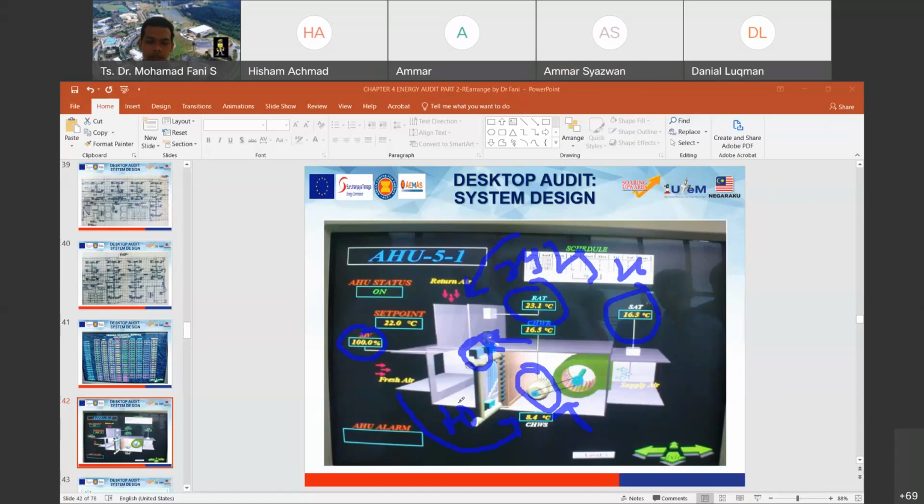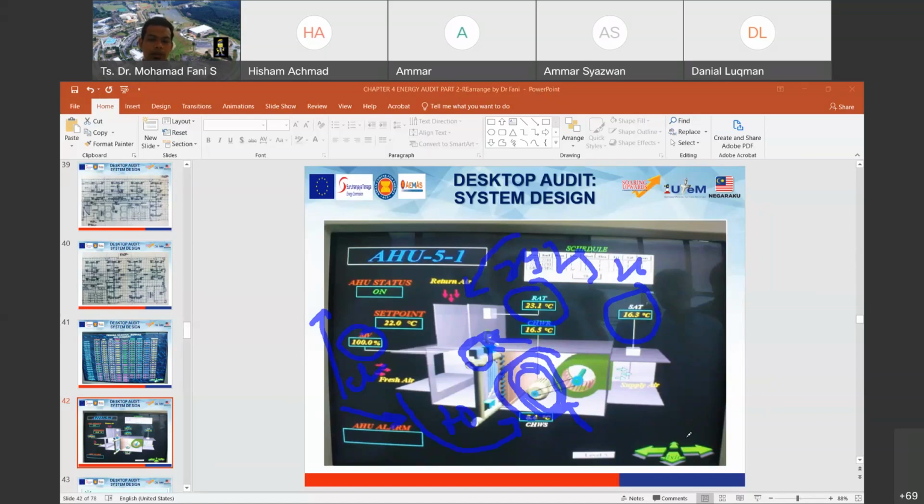It will draw the motor to maximum operation, and the chiller will supply more volume of chill water to the AHU, and it will increase the consumption of electricity. Okay, that's it.